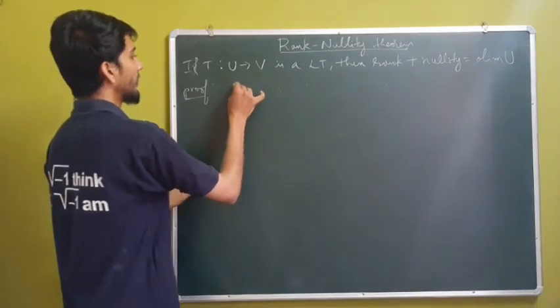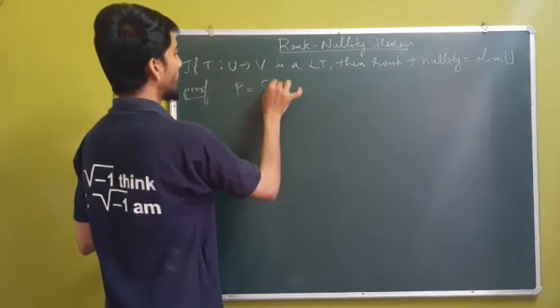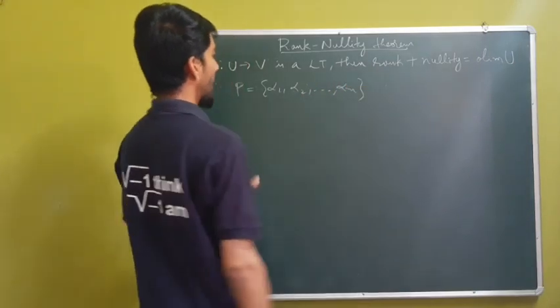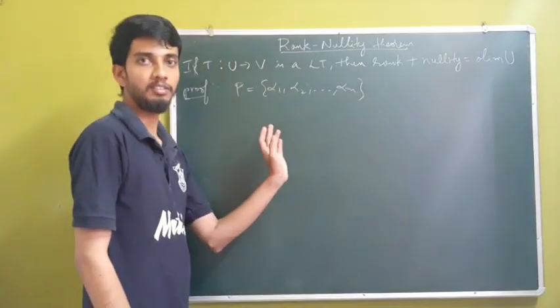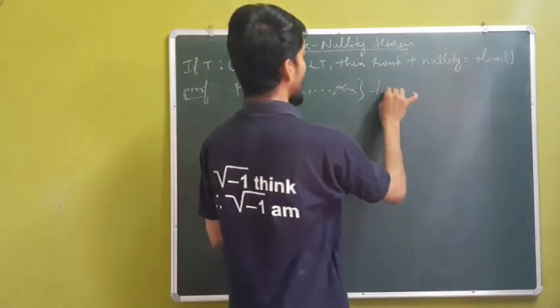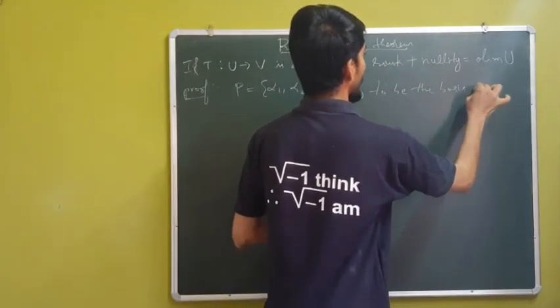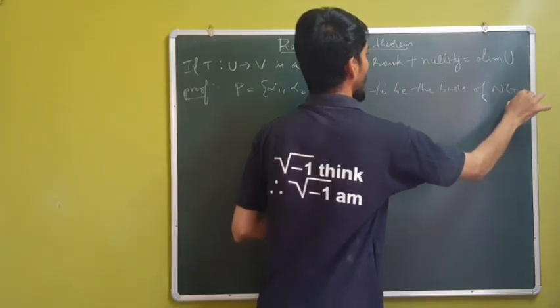Coming to the proof, I consider P to be the set of all alpha 1, alpha 2 and so on up to alpha m, to be the basis of the null space.